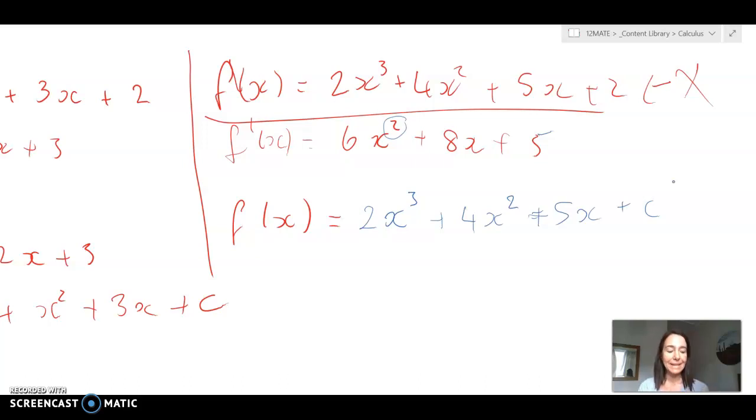Basically, instead of having to do all that in your head all the time, there is a rule to integrate.